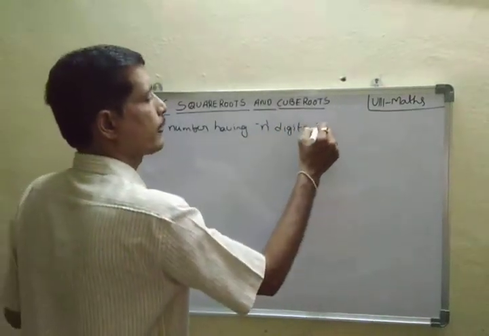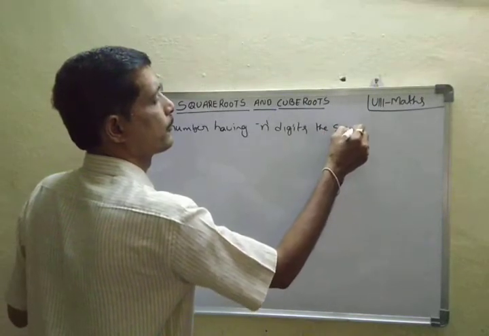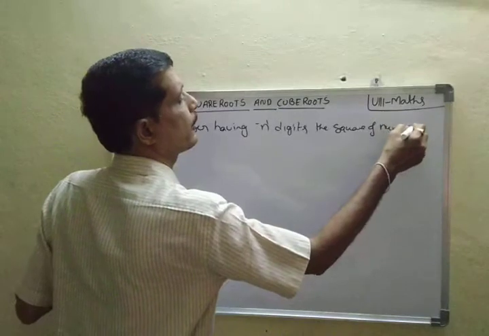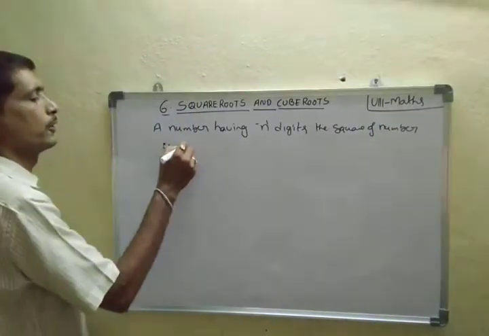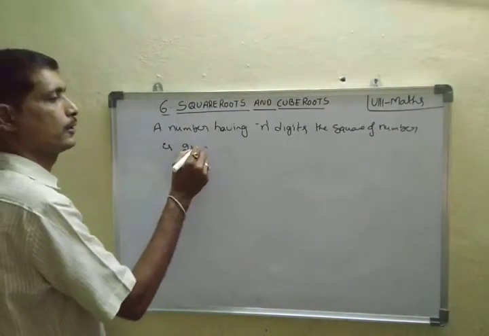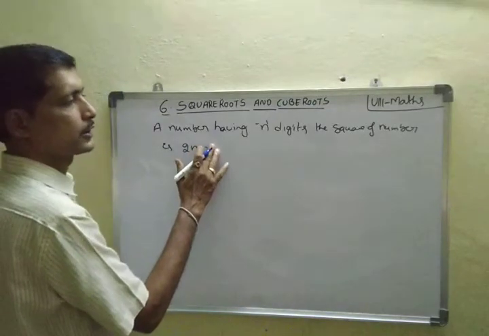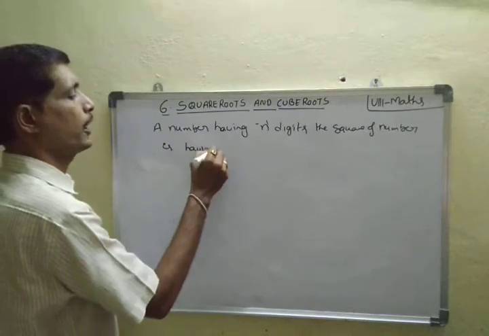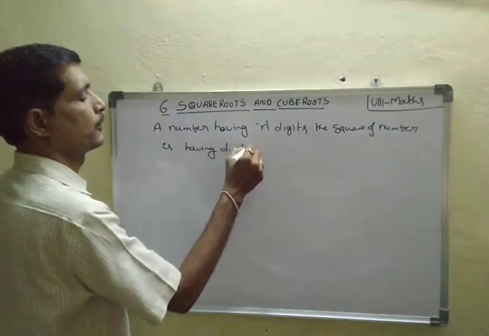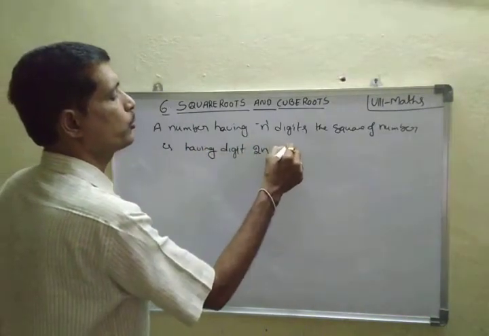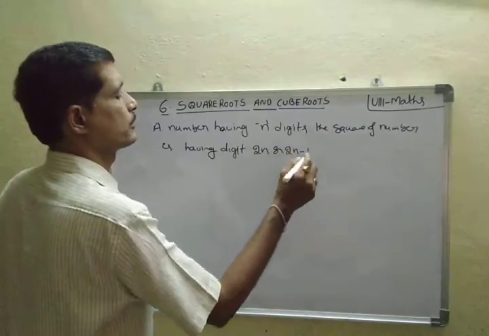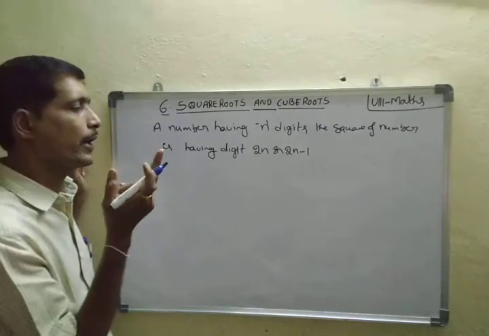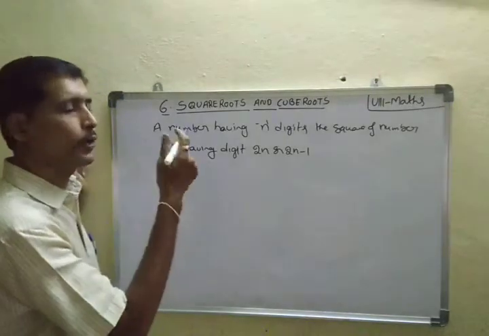Then the square of the number has 2n or 2n minus 1 digits. See, a number having n digits, the square of the number has 2n or 2n minus 1 digits.